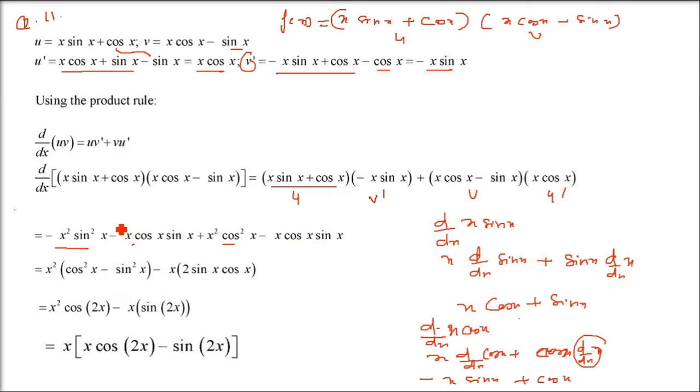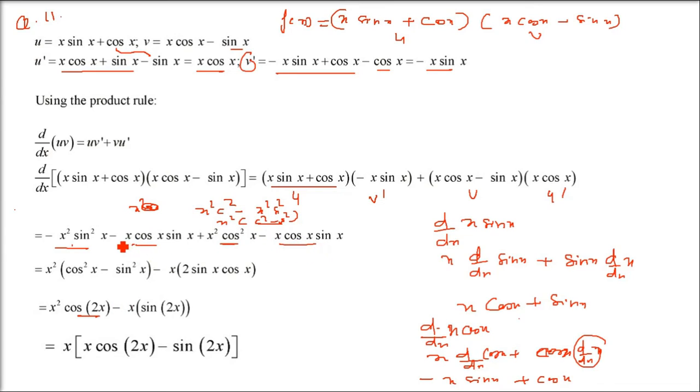So we have this, and you can take x square common from the first and third terms: x square cos square x minus x square sin square x. When you take x square common, this will be cos square minus sin square, and cos square theta minus sin square theta is cos 2 theta.